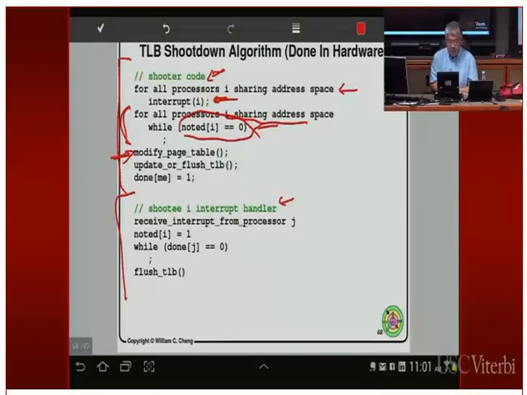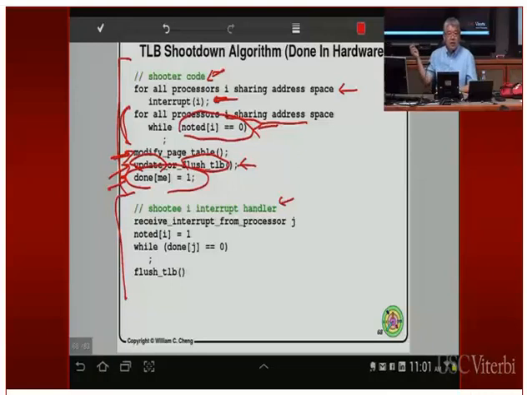So therefore, you can modify the page table, and then you can flush the translation look-aside buffer. Oh, sorry, you're going to flush your own translation look-aside buffer, or if you have a fancier translation look-aside buffer and you only want to update one entry, you can go ahead and do that. And then you say that I'm done.